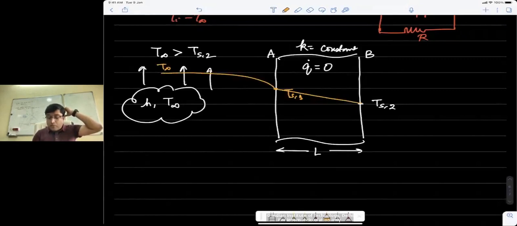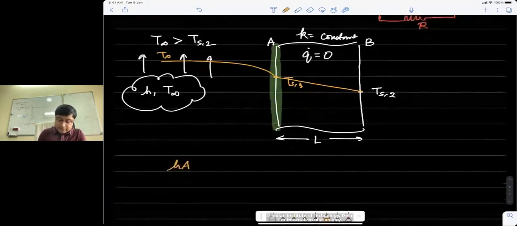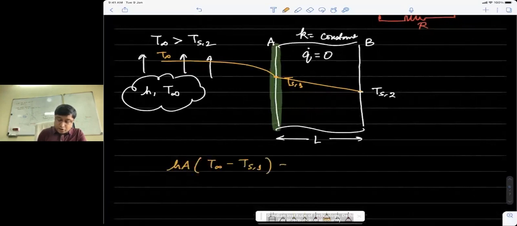Now, what is the boundary condition on this surface A? This is a special surface. Boundary condition here would have been that the heat flow because of convection, which is hA (T infinity minus TS1), should be equal to the conduction heat transfer rate.